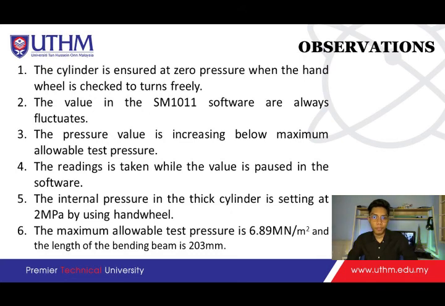Fourth, the reading is taken while the value is paused in the software. Fifth, the internal pressure in the thick cylinder is set at 2 MPa by using the handwheel. Sixth, the maximum allowable test pressure is 6.89 MN per meter squared, and the length of the bending beam is 203 mm.